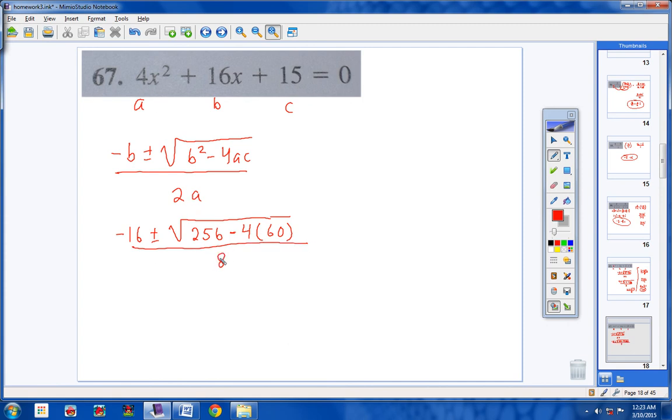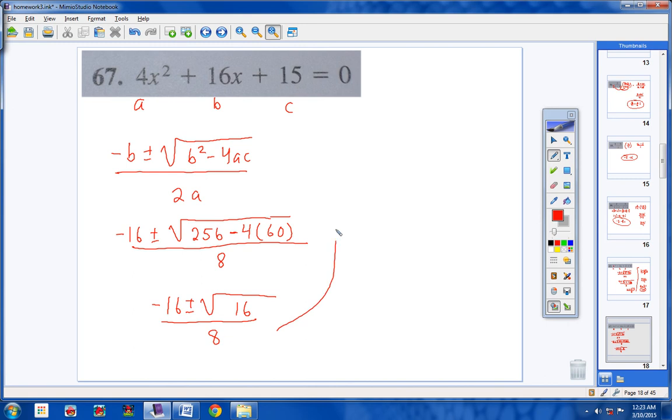Alright, now next we would have negative 16 plus or minus the square root of 256. We have a negative 4 times 60, which would be a negative 240. So 256 minus 240 would actually be positive 16, all over 8.